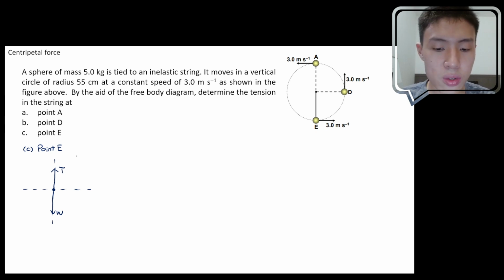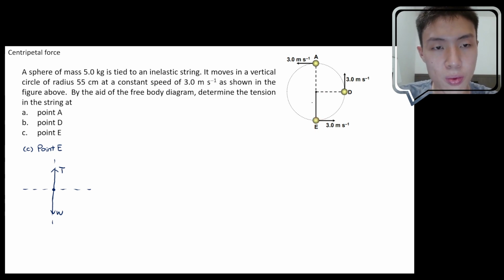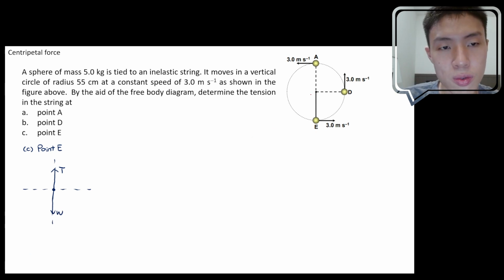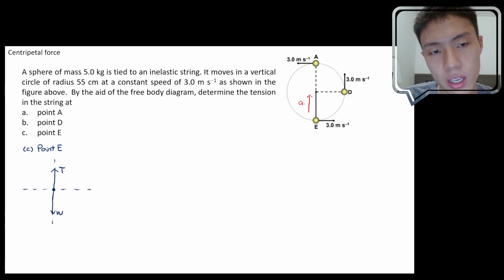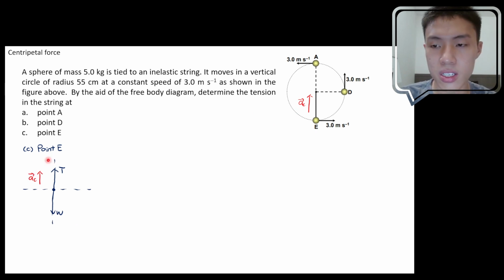Okay, so these will be the two forces acting on the sphere when the sphere is at point E. But we know that because the acceleration is always pointing towards the center of the circle, the centripetal acceleration will be pointing upwards at point E. Okay, so for the free body diagram, you know that there will be centripetal acceleration pointing inwards. Okay, so now we are done with the free body diagram.